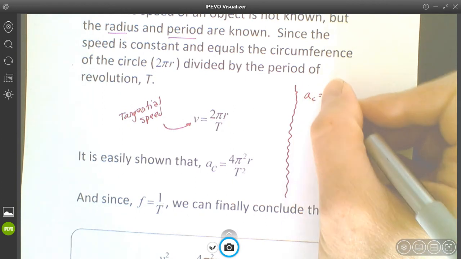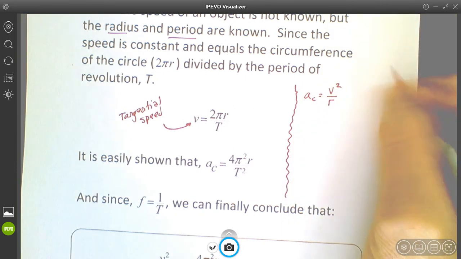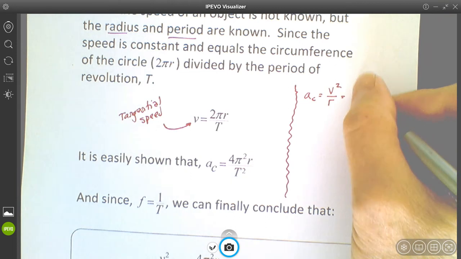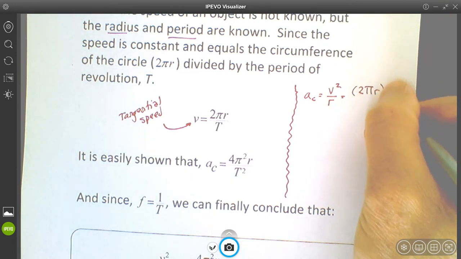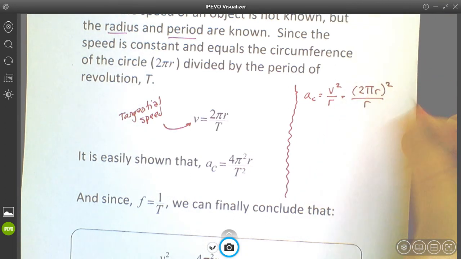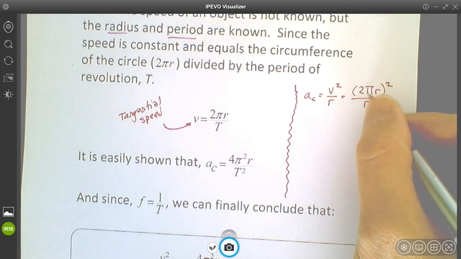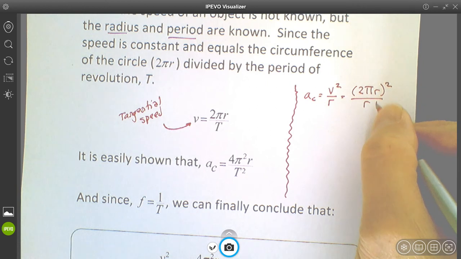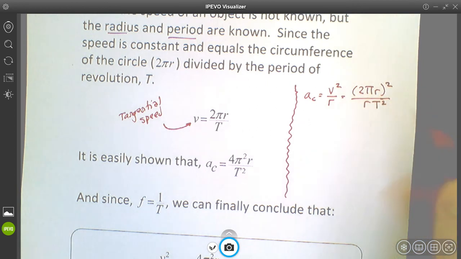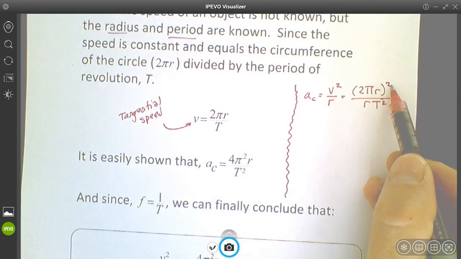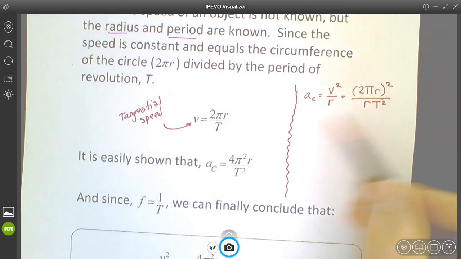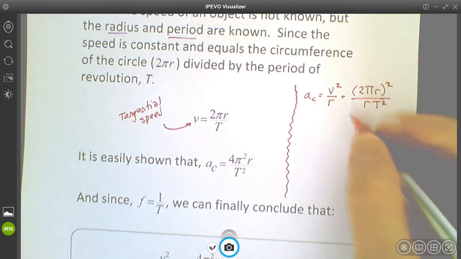So the centripetal acceleration is v squared over r. But we just said that v is 2 pi r over T, so v squared is 2 pi r squared over T squared, all over r. Remember, it's 2 pi r squared, and then the T also has to be squared, and since it's on the bottom, we put it there.